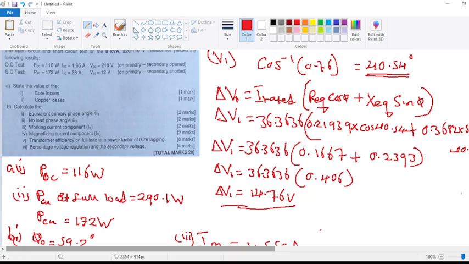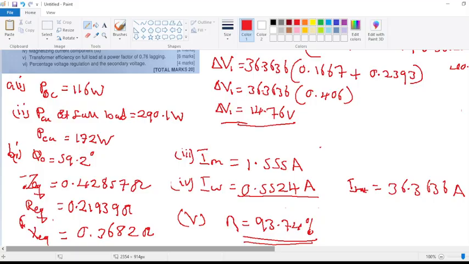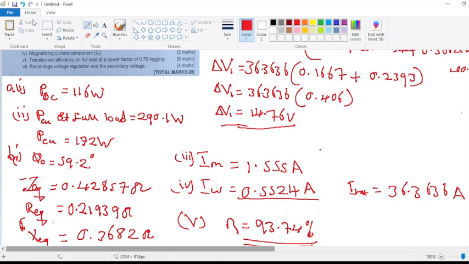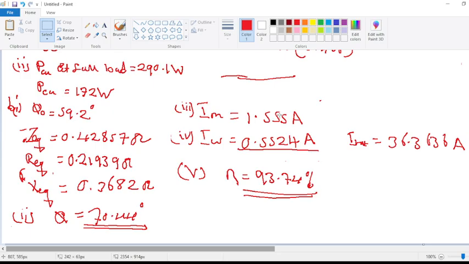So now, since we know the voltage drop on the primary side, let me just bring it down as well. Okay, so that's the voltage drop on the primary side.